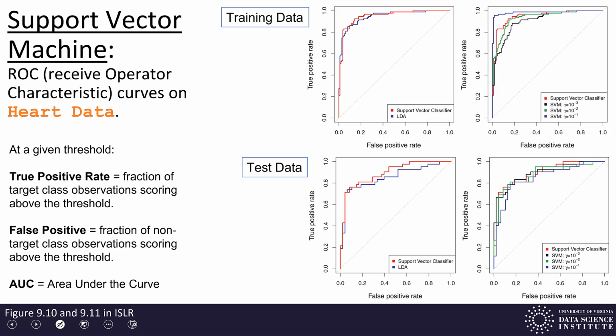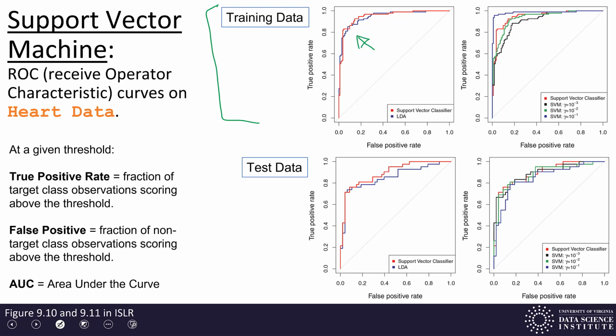So here's support vector machines, and we're comparing those versus linear discriminant analysis and support vector classifier. On the heart data, the top part is performance on our training data. And you can see here the support vector classifier and LDA are both doing reasonably well.